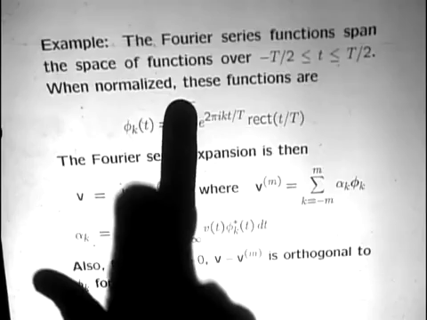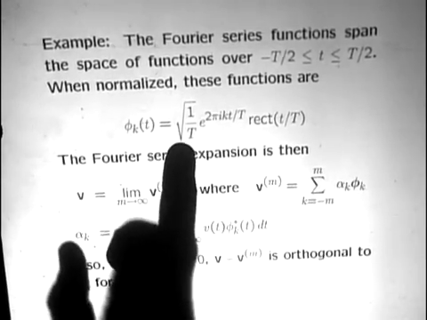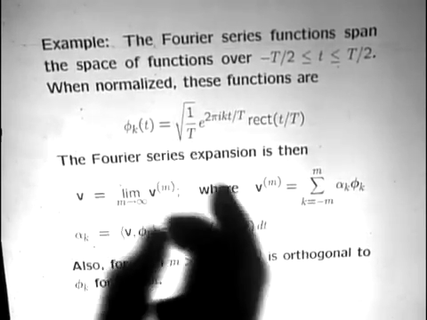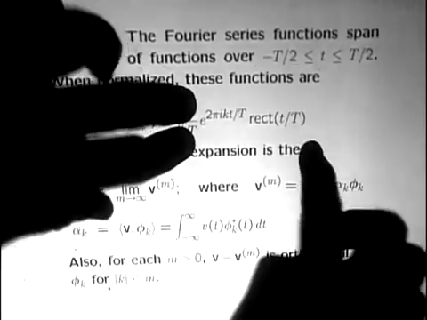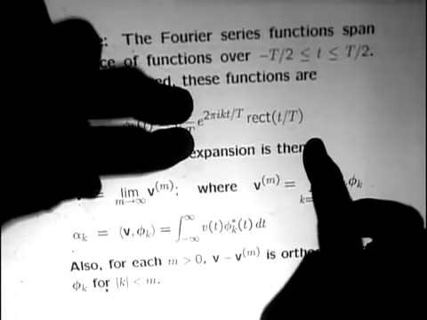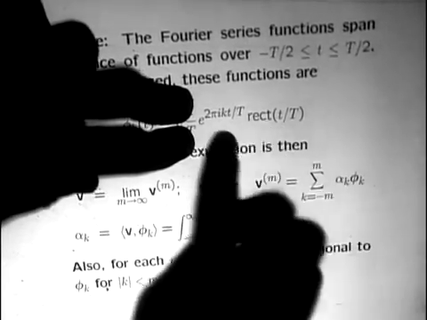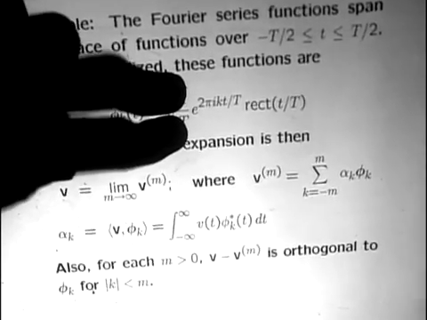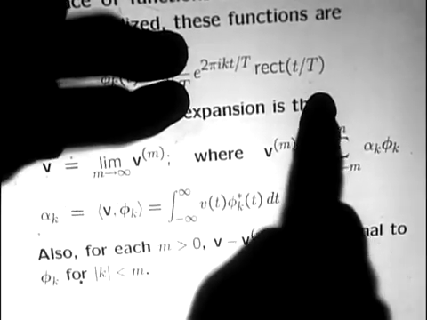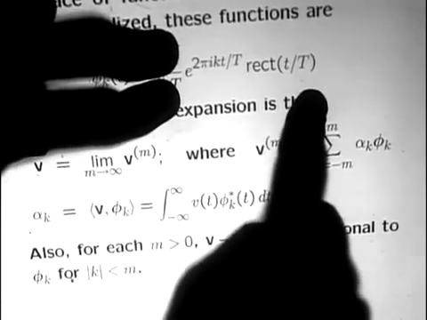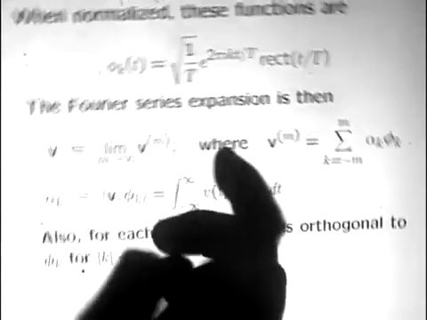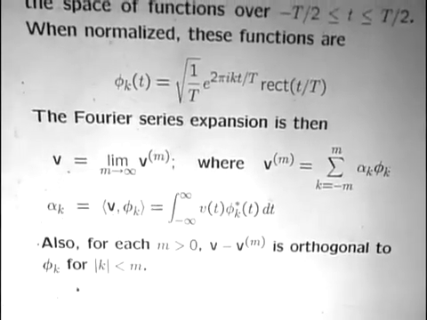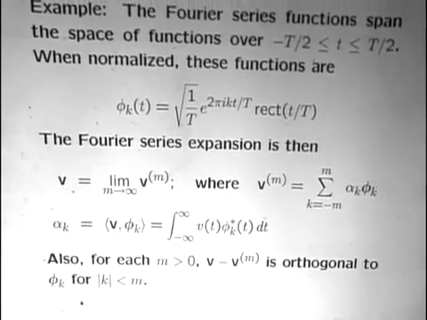If you want to make them orthonormal, you get this square root of 1 over T, because when you take the energy in this function, you get T. If you don't believe me, set k equal to 0 and look at that, and even I can integrate that. And when you integrate 1 from minus T/2 to T/2, you get T. So then you have to multiply it by the square root of 1 over T.